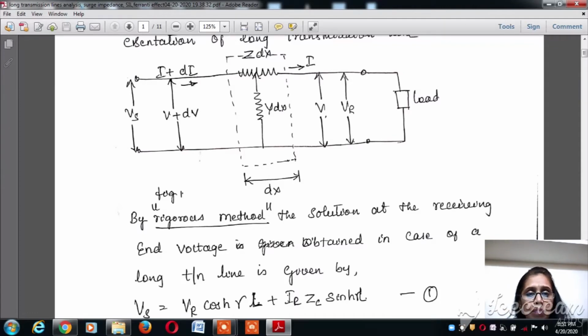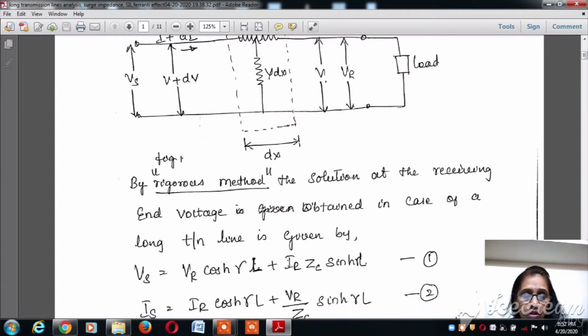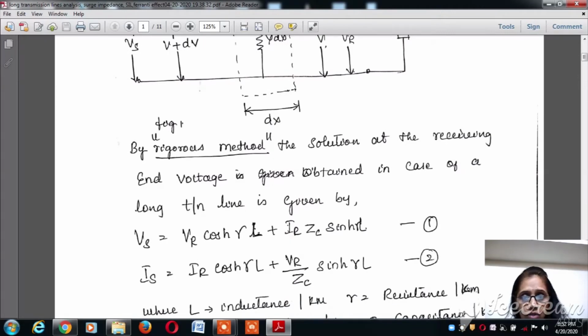So V plus dV is the voltage across a small elementary section of the transmission line, which is the T, and dx is the length of this section from the sending end. I plus dI is the current that is flowing into the elementary section, and V plus dV is the total voltage that is appearing across the elementary section.